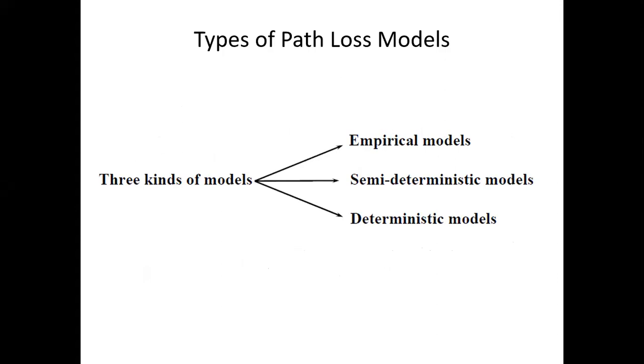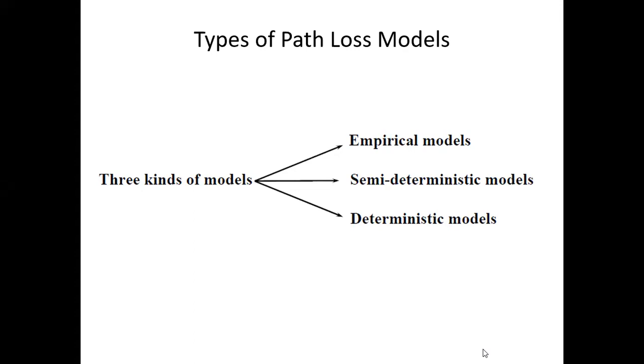Based on theories, we derived a model to calculate our receive power. The difference between the transmit power with PT, GT, GR, and the receive power is the path loss. So these are deterministic models.